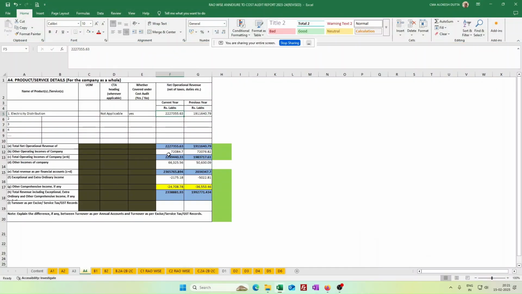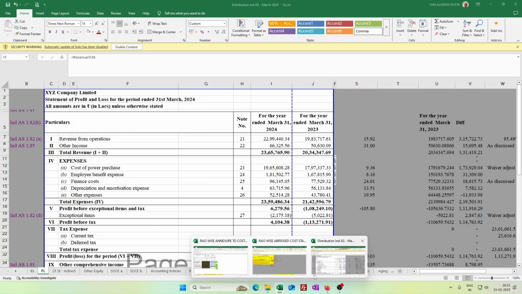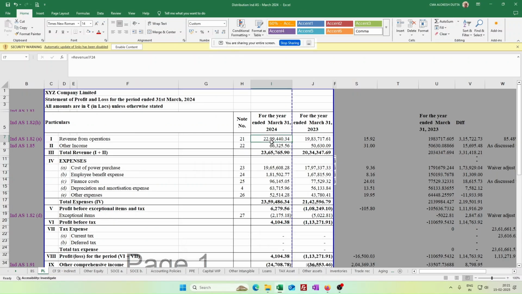Other operating income is 72,084.70, and here you will see 22,99,440.34, and here also you will see 22,99,440.34. This amount includes other operating income.